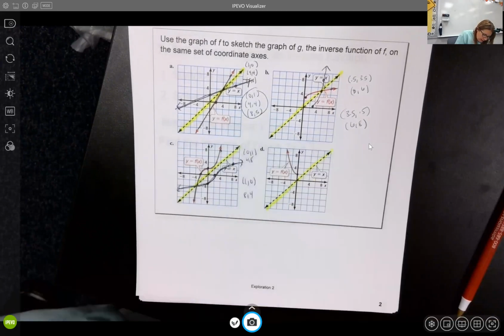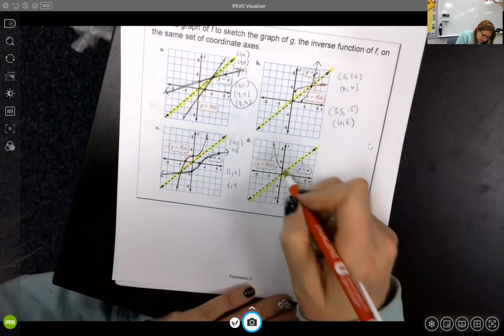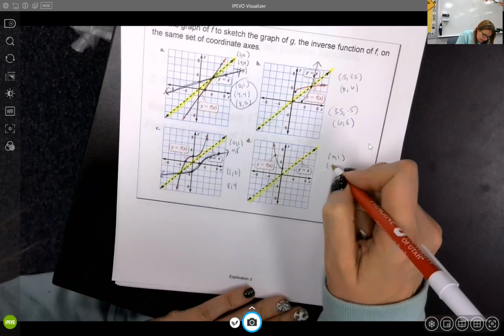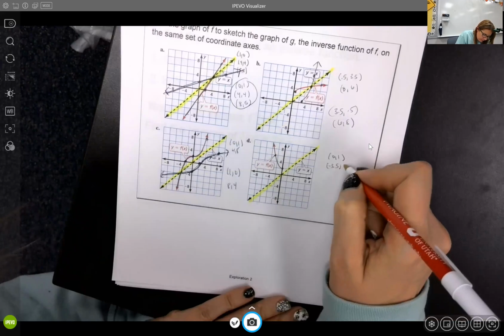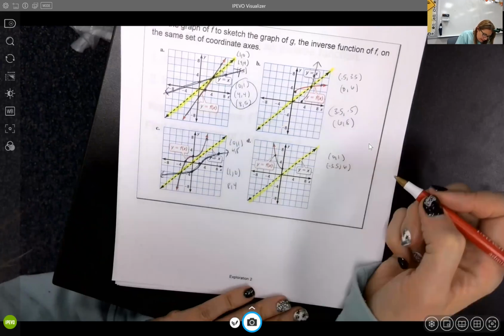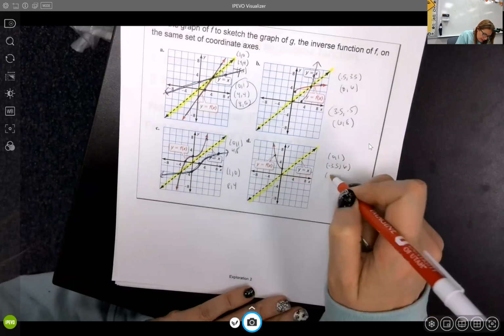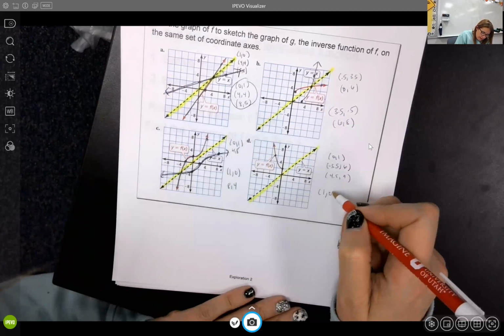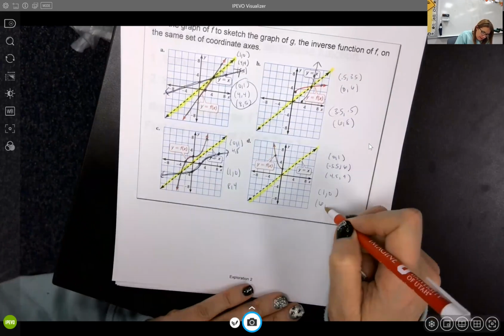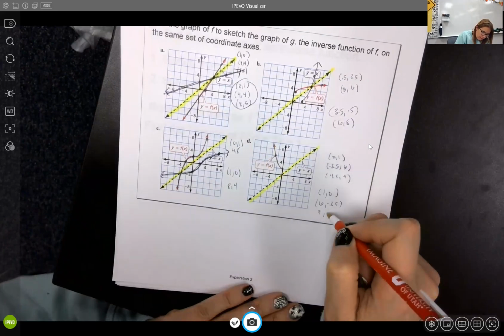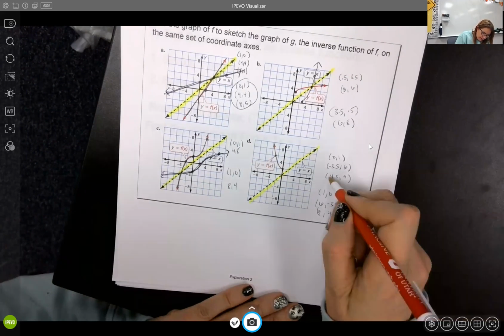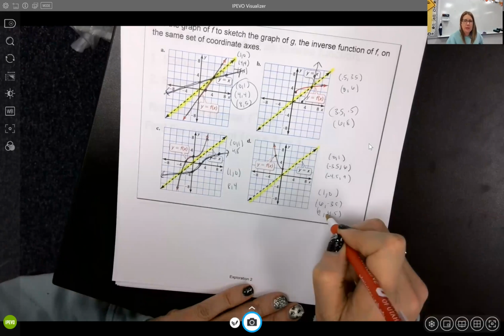So here I'm at 0, 1. Here I'm at negative 3.5 and 6. And then here I'm at negative 4.5 and 9. So if I switch that around, I get 1, 0, 6, negative 3.5, and 9, and 4.5. I think this was supposed to be negative 4.5, so the 4.5 stays negative.